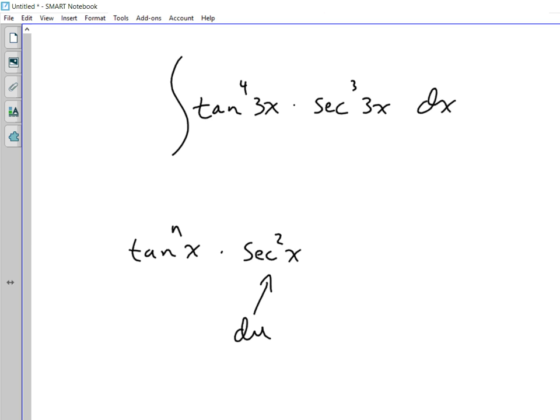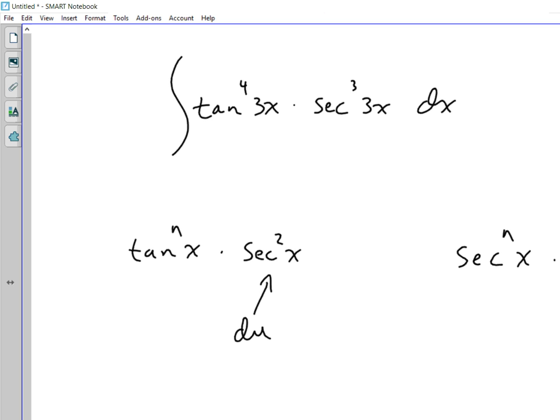Another possible scenario is taking it down and realizing that secant tangent is the derivative of secant. So you're going to have secant to the n times secant tangent.